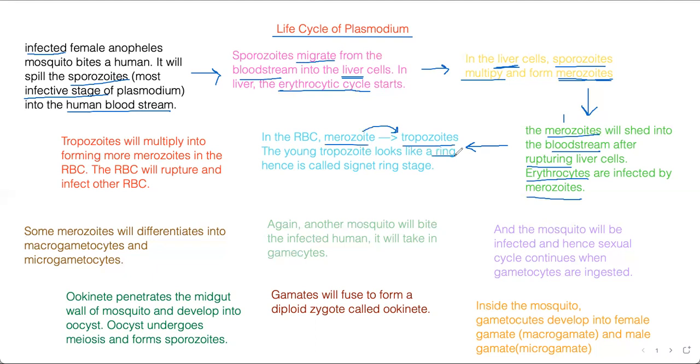If we look at a trophozoite under a light microscope, it looks like a ring because the nucleus and cytoplasm are visible.